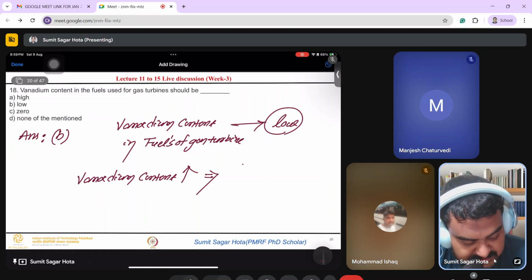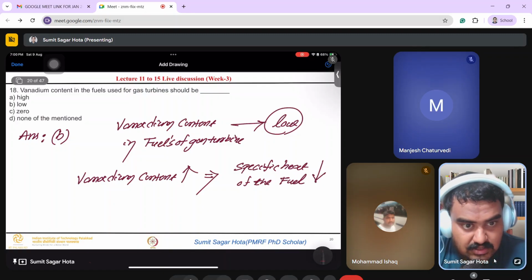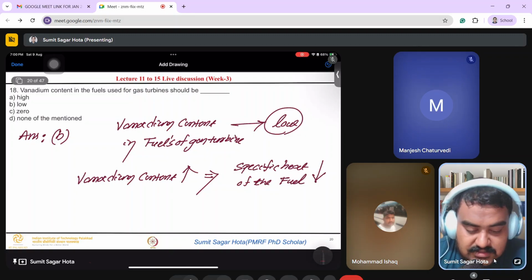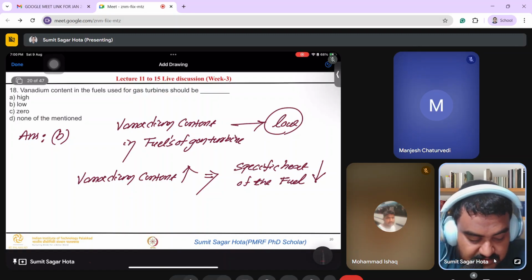The specific heat of the fuel is going to decrease. Now this specific heat is actually a very important parameter, because if the specific heat of the fuel decreases, that means the energy produced by the fuel, or the output power produced by the fuel in a gas turbine engine combustor, is going to decrease.